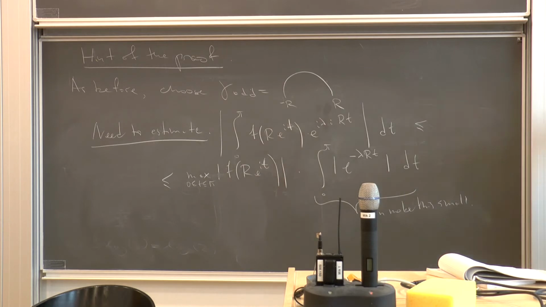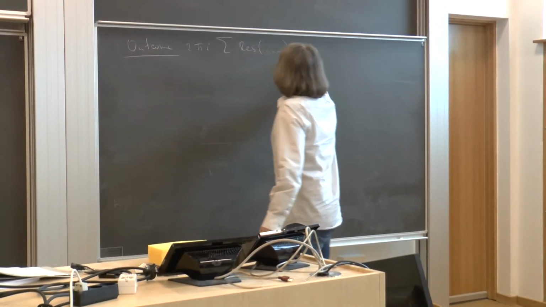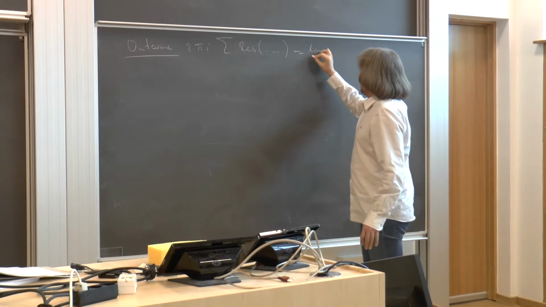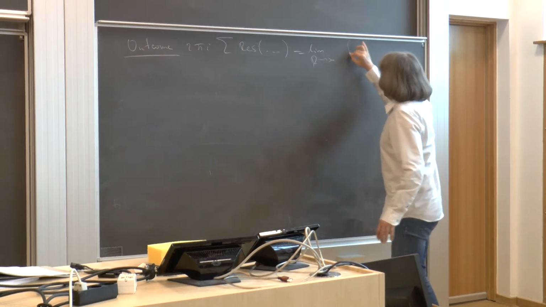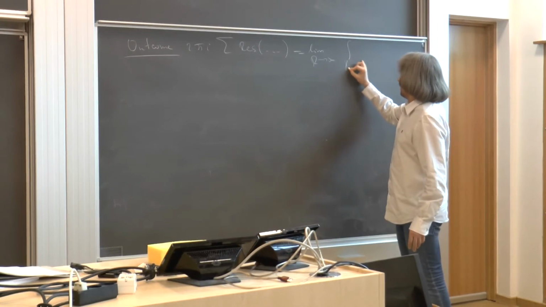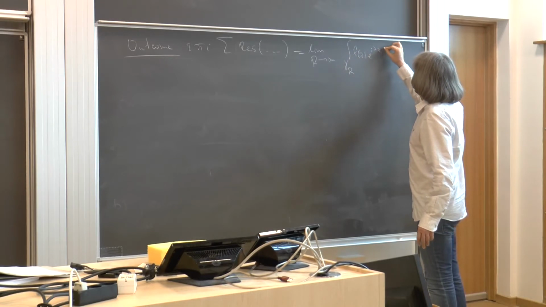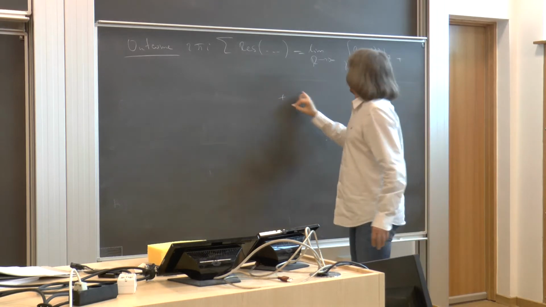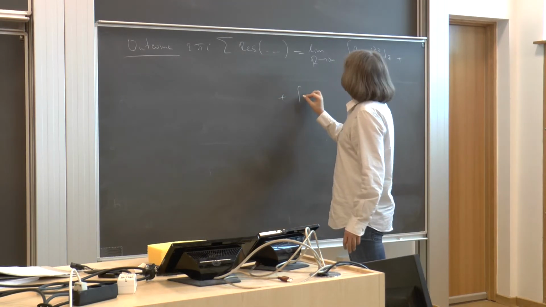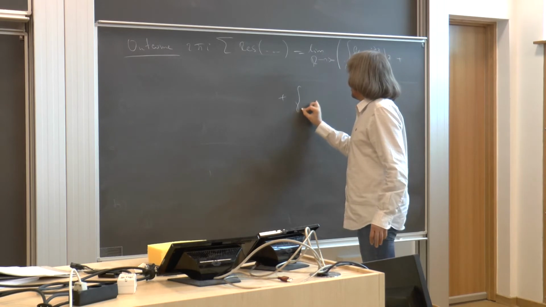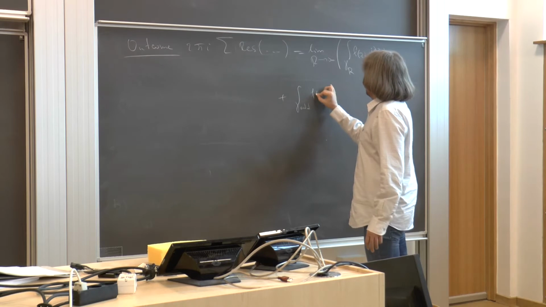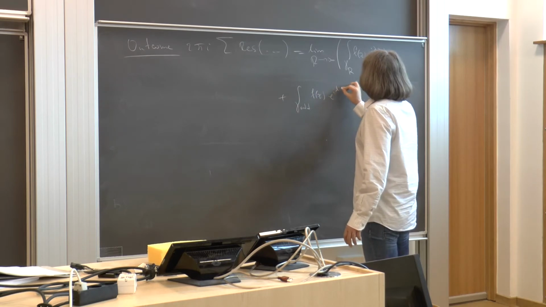So the outcome: this 2 pi I sum of residues is the limit as r goes to infinity of the integral over gamma_R of f of z e to the I lambda z dz plus the integral over gamma_R-add of f of z e to the I lambda z.